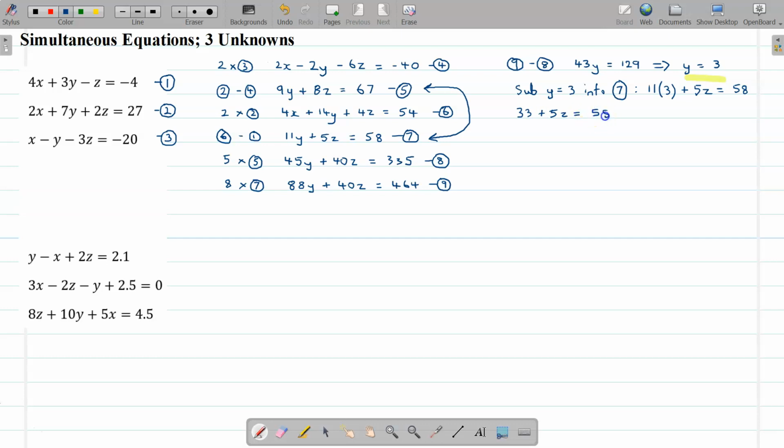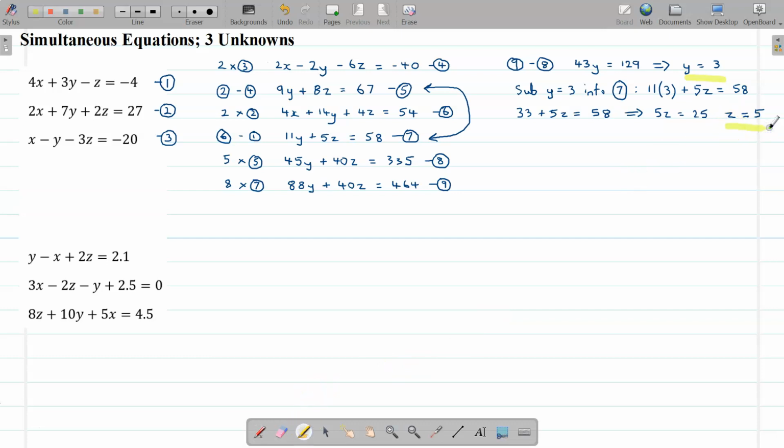Take away 33 from both sides. I get 5z equals 25. So 5z equals 25, and therefore z equals 5. So I can very quickly find a second solution, which is there.